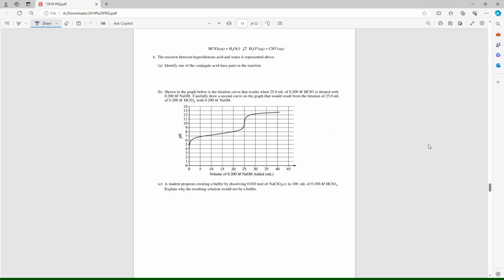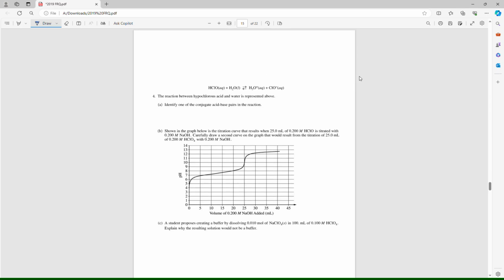For number 4, identify one of the conjugate acid-base pairs in the reaction. So an acid donates hydrogen and a base accepts hydrogen. So HClO is donating a hydrogen to H2O. You can see that because HClO becomes ClO-. So this is an acid. This is its conjugate base.